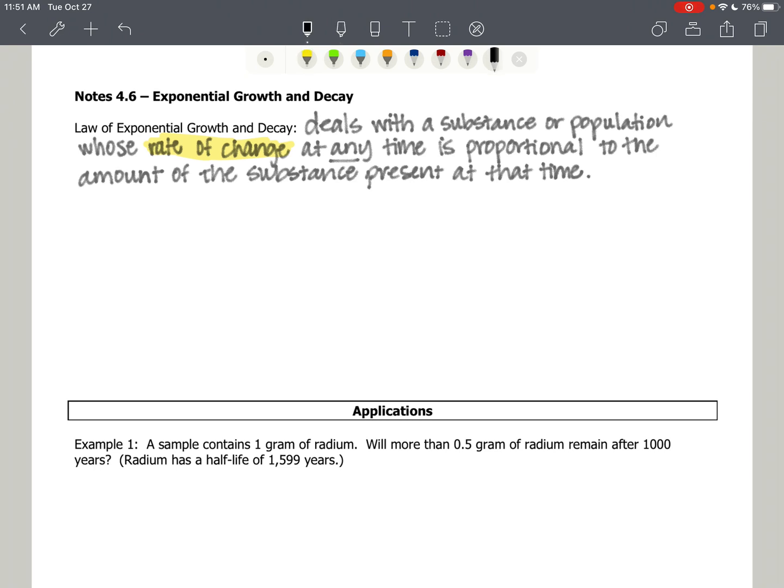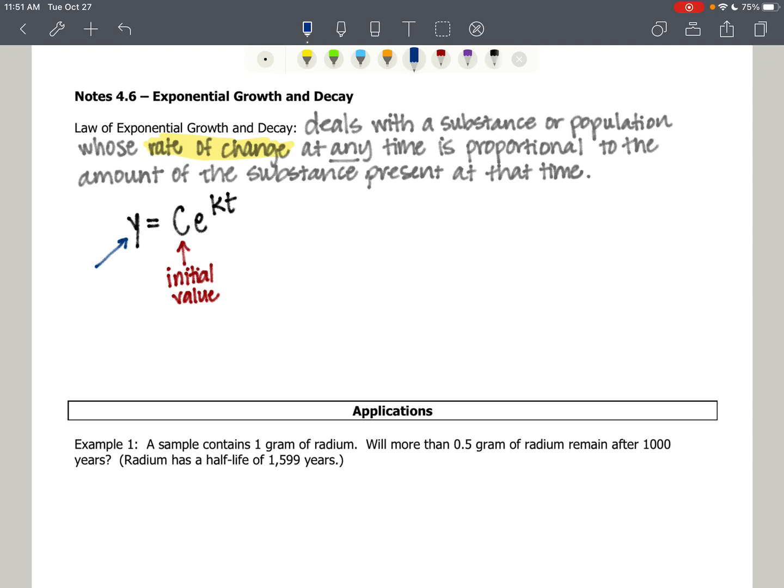Before I go there, let me first recall for you y equals c times e raised to the kt power. This looks very much like PERT. C is going to equal our initial value. That's your starting amount. And we know that y is your end value.